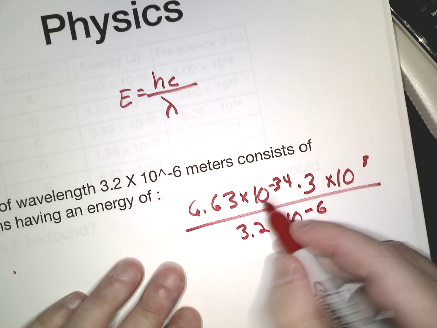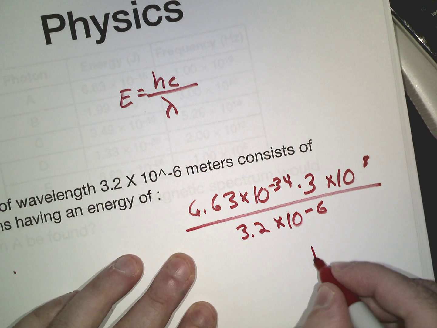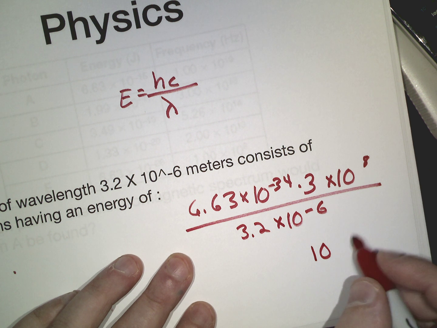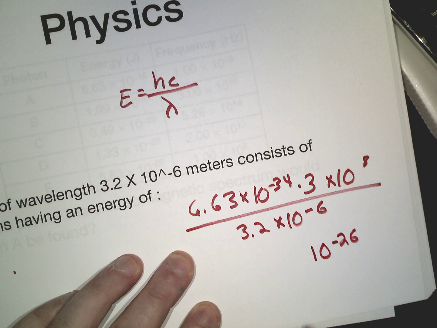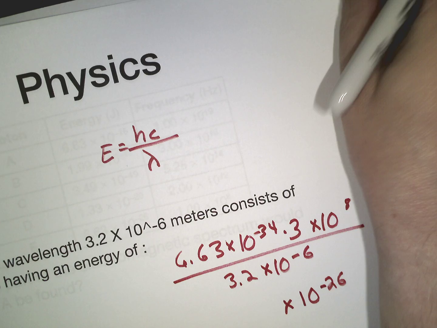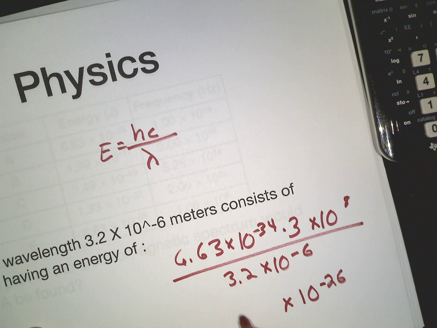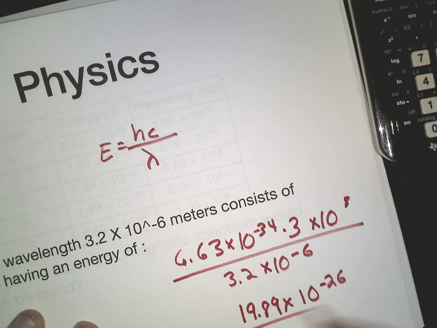All right, so I add these up. Remember we said before you get negative 26, 6.63 times 3 we figured out last time, 19.89, all over 3.2 times 10 to the negative 6.